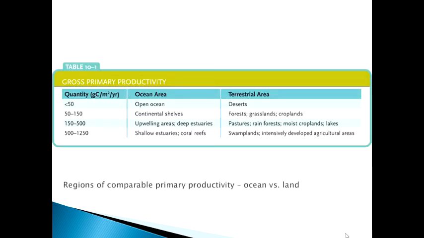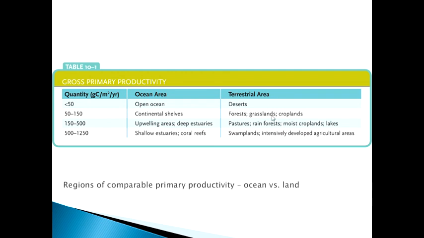If we then look at this as primary productivity, oceans versus land, sort of similar areas, areas that are supposed to be analogous: desert areas where we know there aren't very many plants, there's not much life, their equivalent is really those open oceans, center of the gyre areas. That's where there are similar levels of primary productivity.